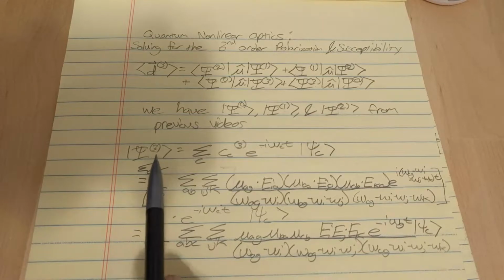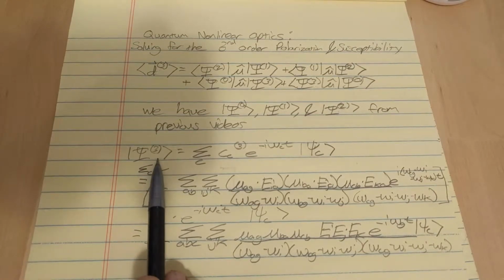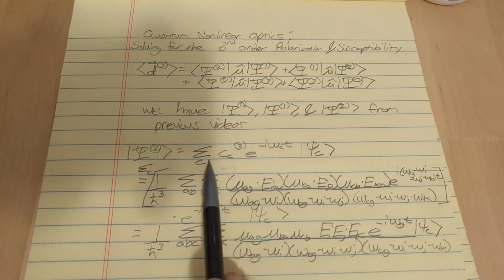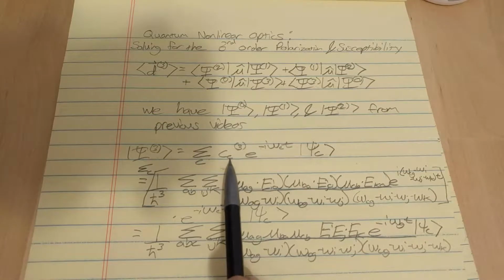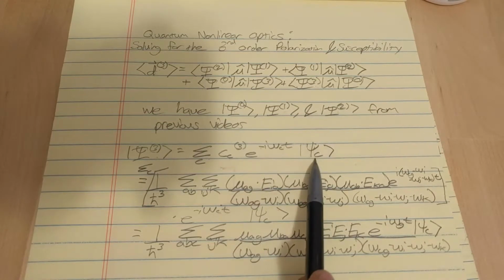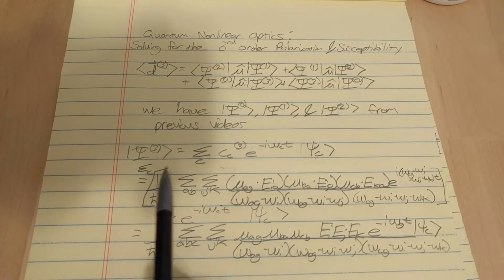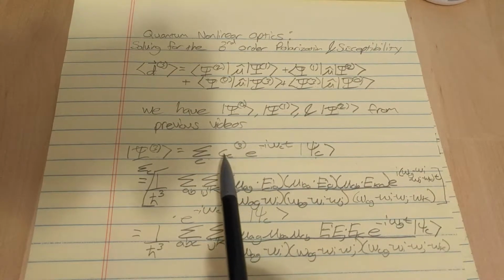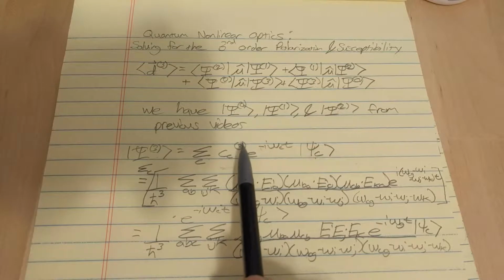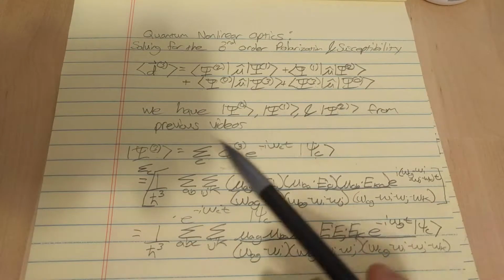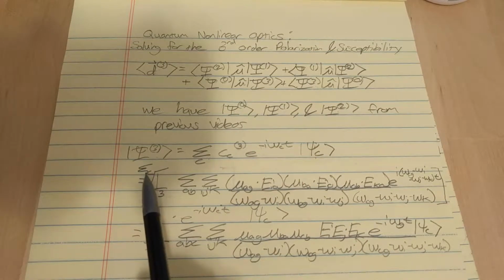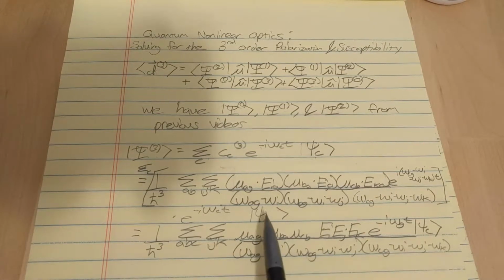Okay, so this is what the third order perturbed wave function looks like. Just a sum over all the perturbed probability amplitudes times the phase factor times the basis state. So all I did from this step to this step was in square brackets here. This is C sub C superscript third. Initially I forgot the sum over C, so that's what this is here.